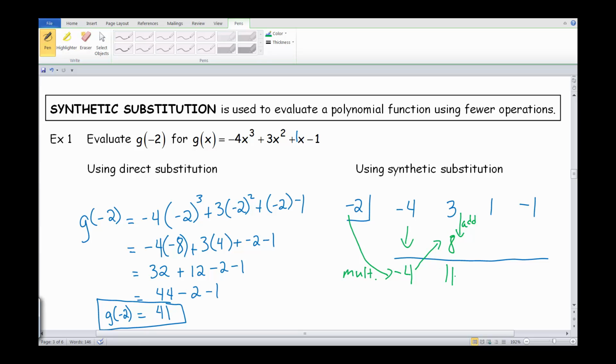In this case, -2 times +11 gives us -22. Then we just add going down, so -21. Multiplying -2 again with that number underneath the bar, -21, gives us +42.